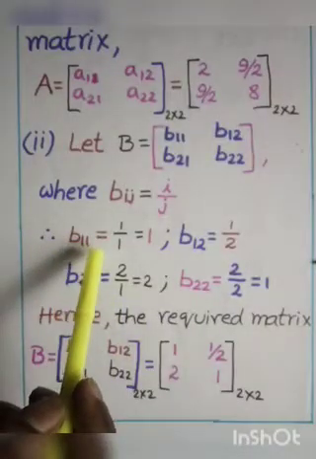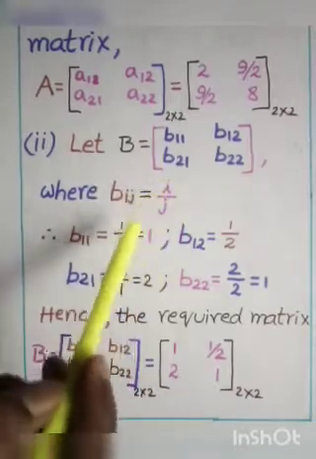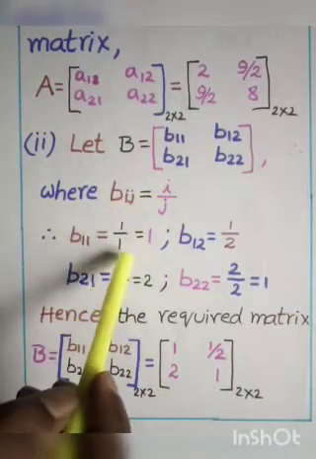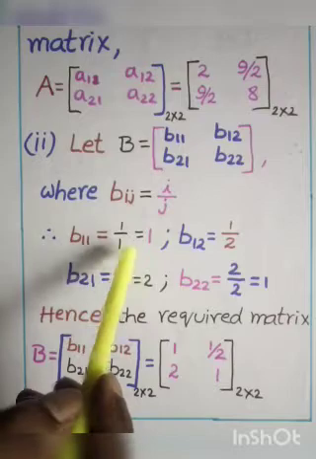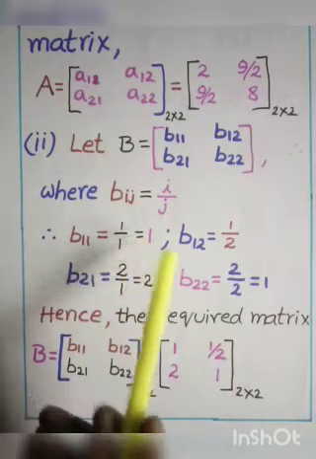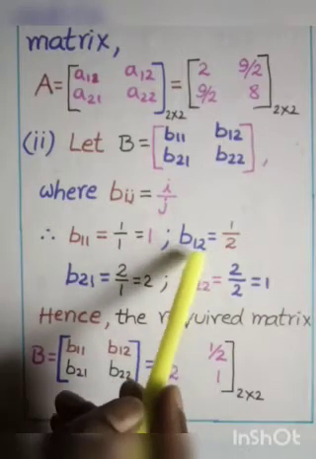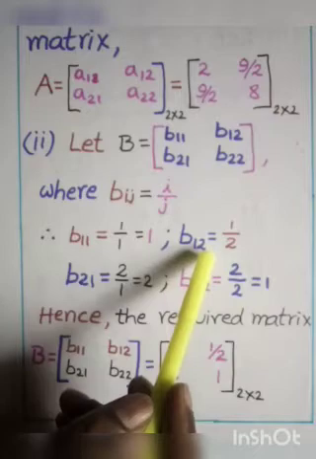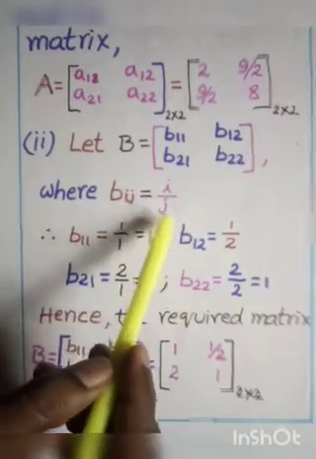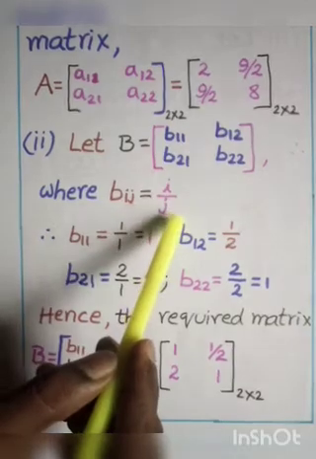Therefore, B11 is equal to, in this rule, I am substituting i is equal to 1 and j is equal to 1. By simplifying this part, what do you get here? 1. Understood this step, my dear children? Right. Similarly, B12, I am finding the first row, second element of the matrix. In this definition, I am substituting i is equal to 1 and j is equal to 2.